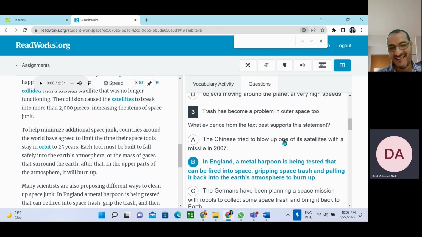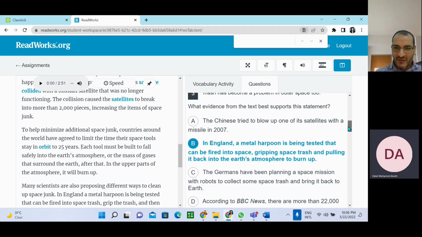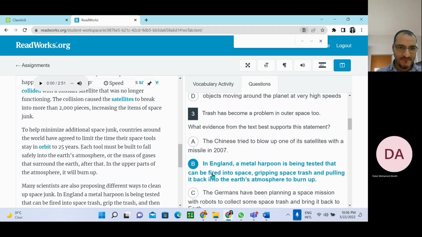Trash has become a problem in outer space too. What evidence from the text best supports this statement? Trash has become a problem in outer space too. What is the evidence in the text that says trash is a problem in space? Not only on Earth, but outer space as well.